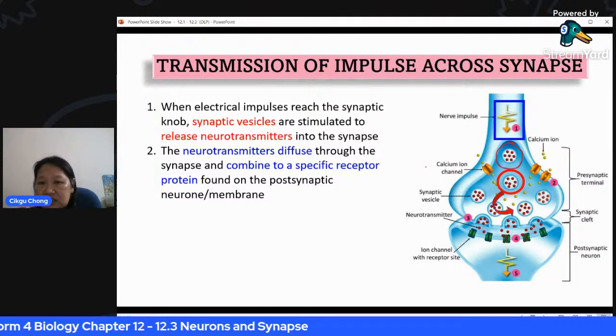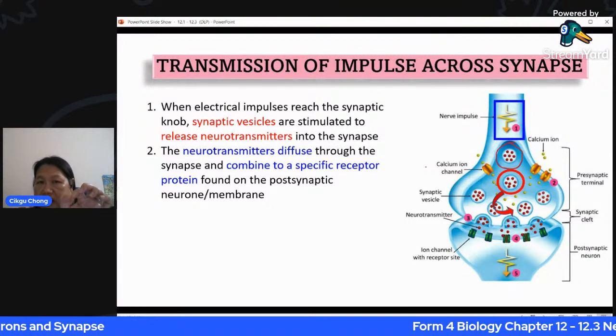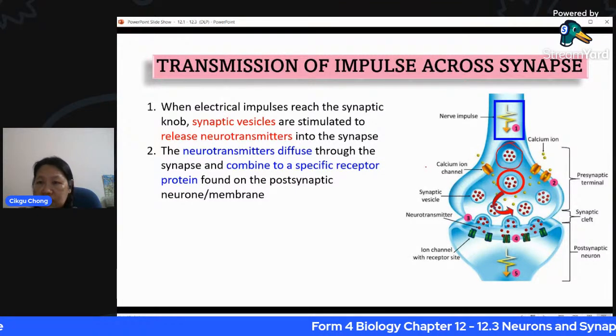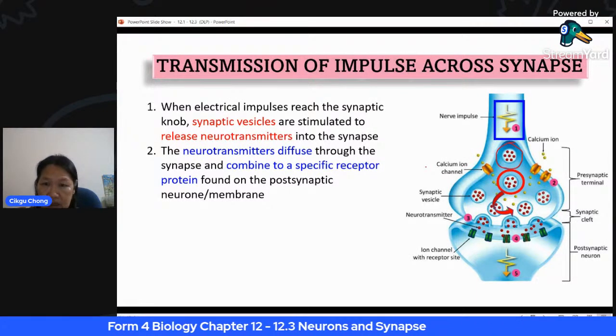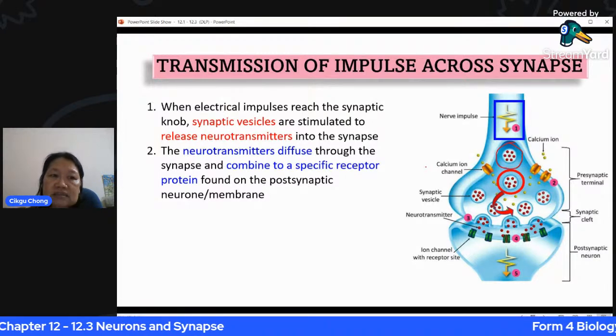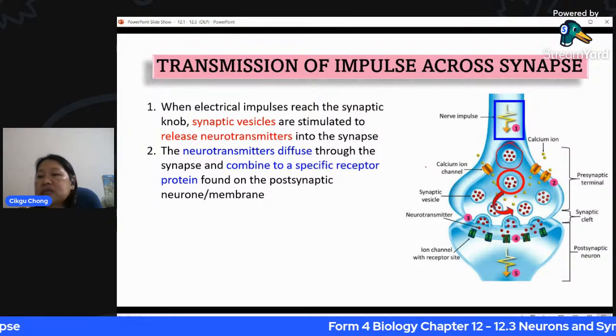See the diagram here? The arrow means these vesicles are going to move to the membrane on the synaptic cleft, fuse together to the membrane here, and release this neurotransmitter into the synaptic cleft.